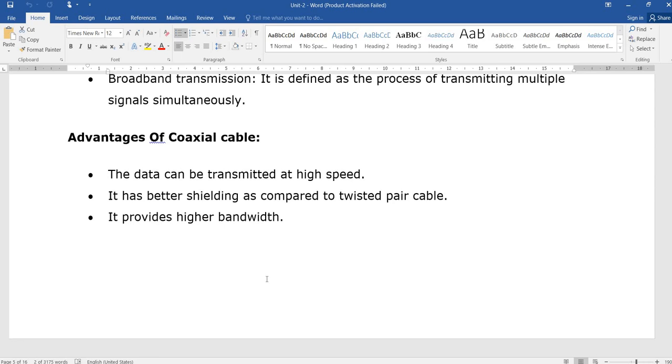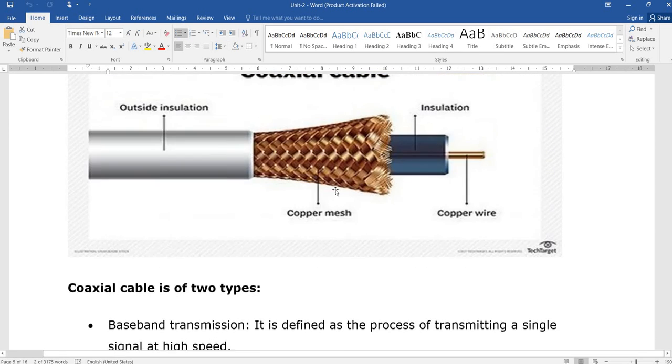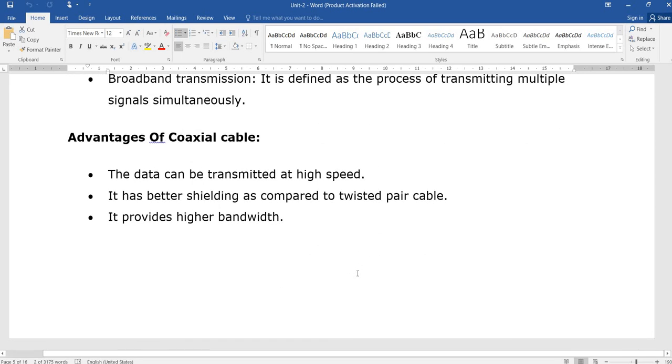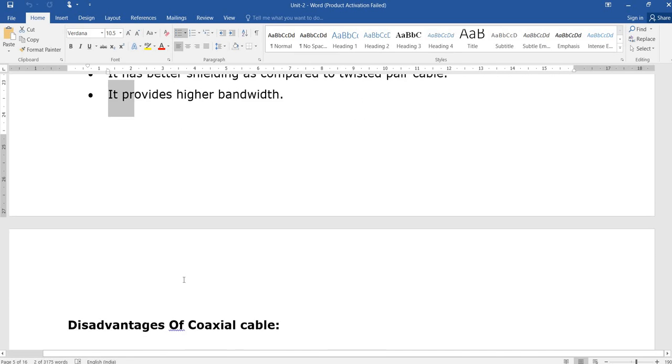So the advantages are that the data can be transmitted at a high speed, and it has better shielding as compared to twisted pair because it is sealed with a copper mesh ground cable. It also provides higher bandwidth, and the transmitting speed is very high as compared to the UTP.